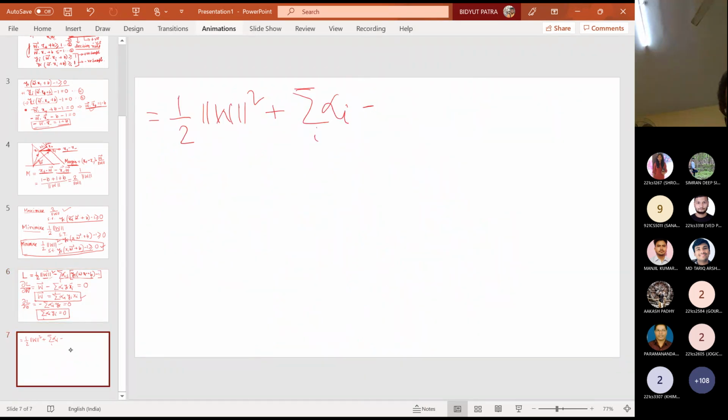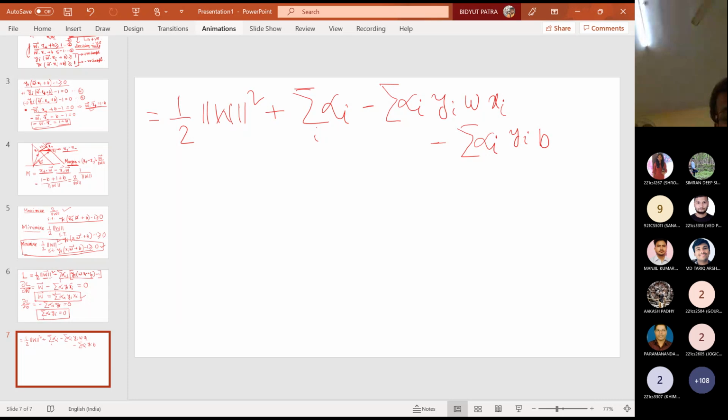Minus summation over alpha I yi w into xi, and then minus alpha I yi b.